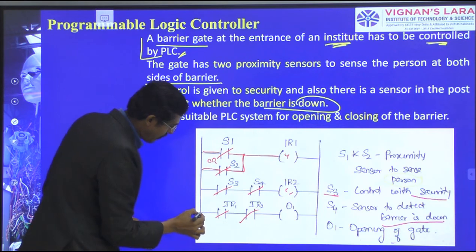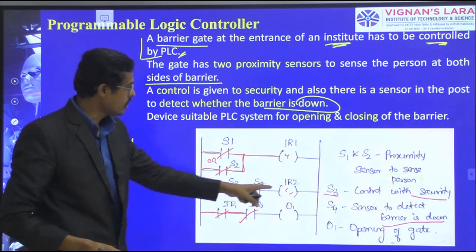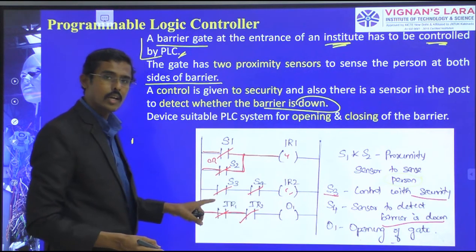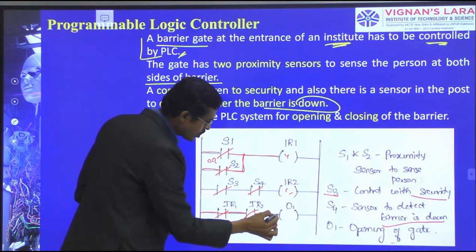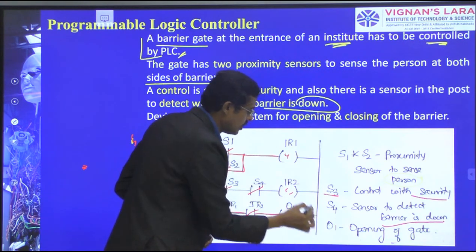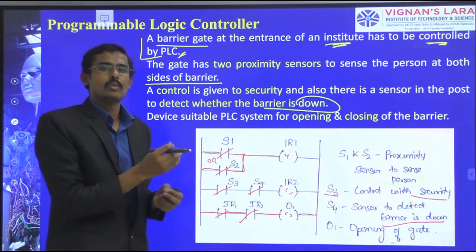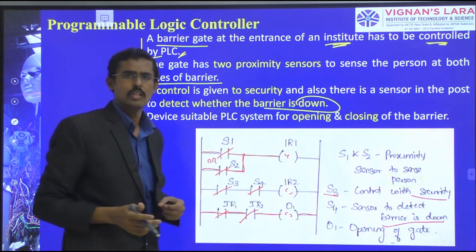Now the power rail is ready up to this point only. When the security approval and the post approval are done, the gate post is going to open. In such a way, we can create systems to close and open the barrier. This is one example.